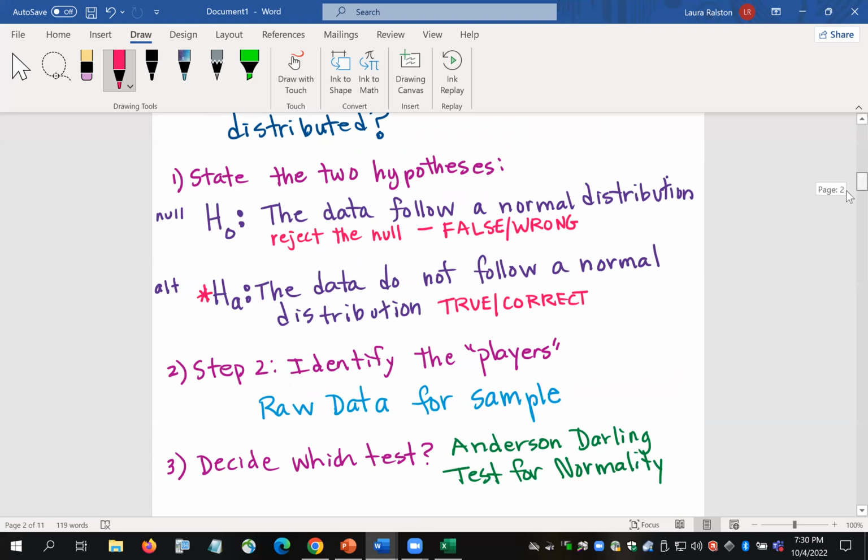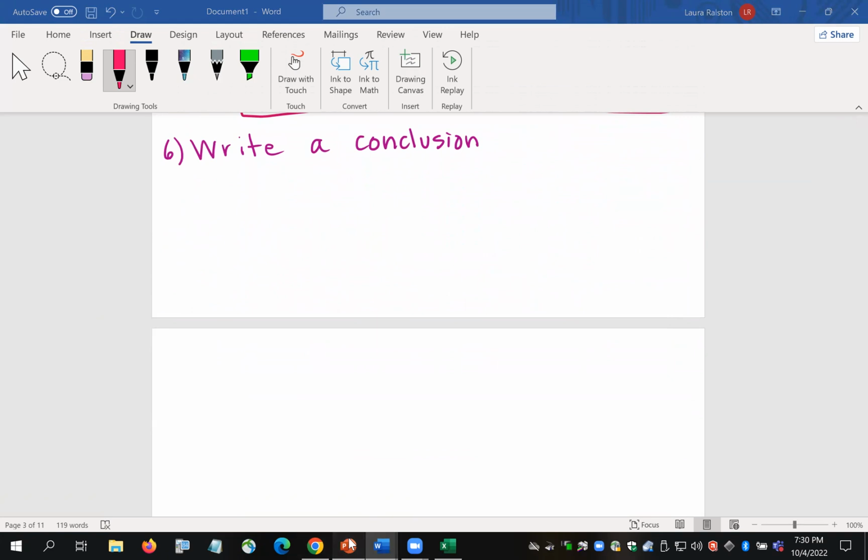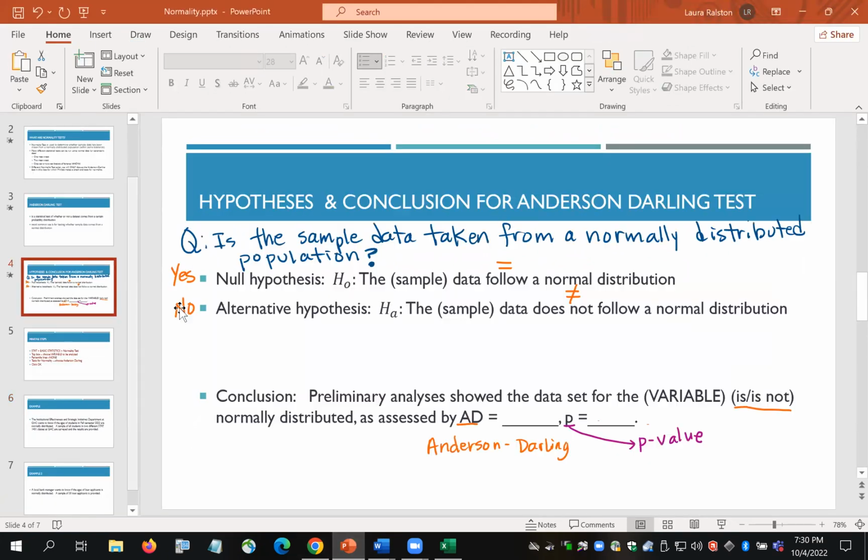So when I write my conclusion, we're going to use the same wording that was on this slide. Preliminary analysis showed the data set.